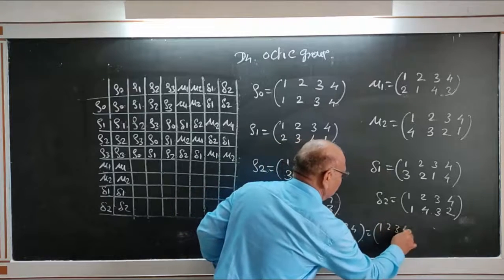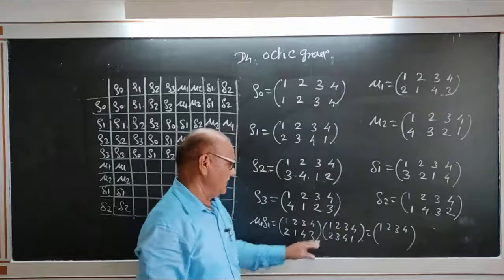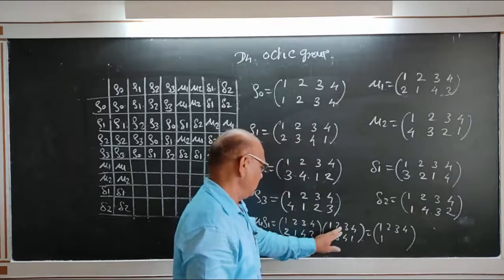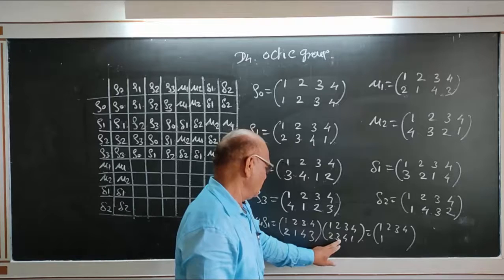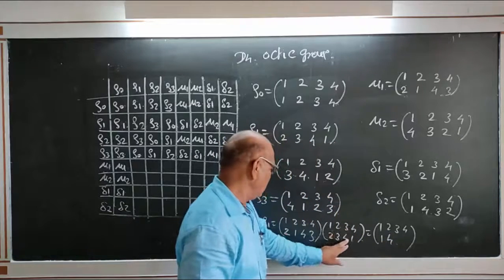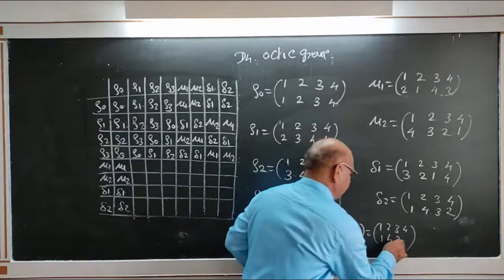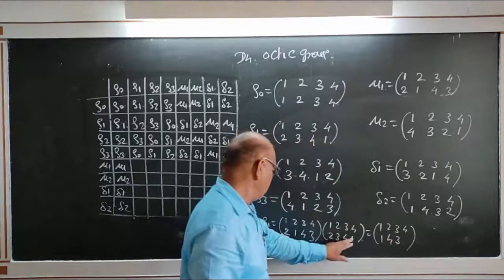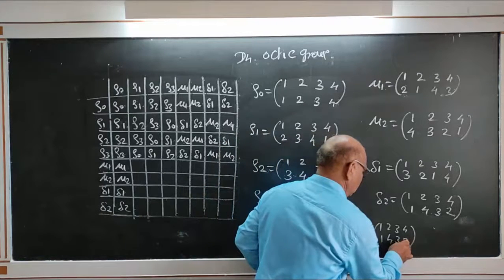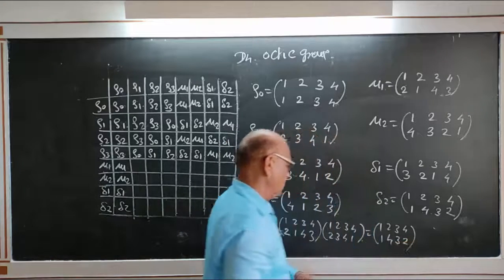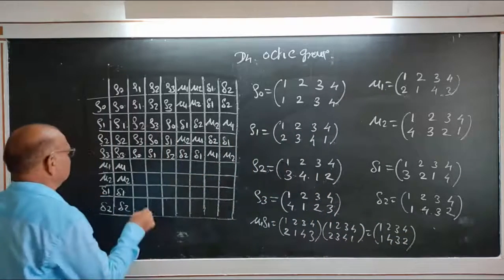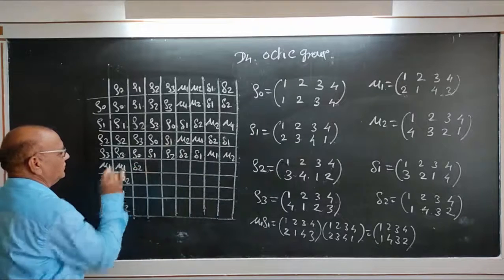See here, 1 goes to 2, 2 goes to 1, 2 goes to 3, 3 goes to 4, 4 goes to 3. Here 4 goes to 1, here 1 goes to 2. 1, 4, 3, 2. This is delta 2.